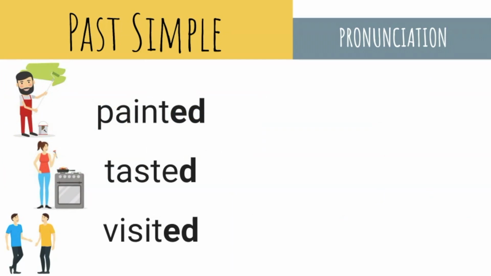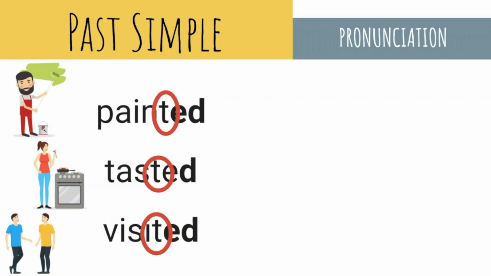Let's look at this set of verbs one more time. Painted, tasted, visited. Paint, taste, visit. These all end in a t sound.